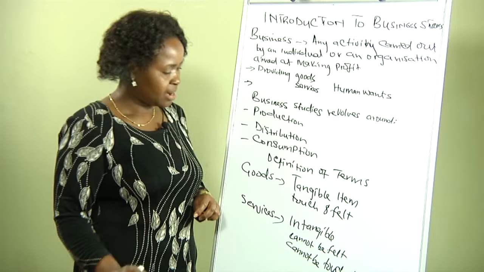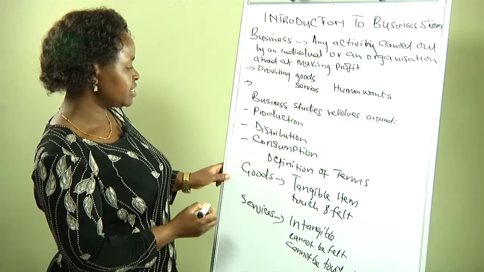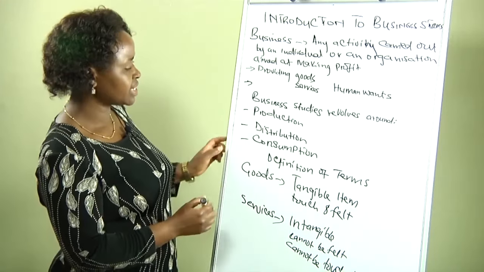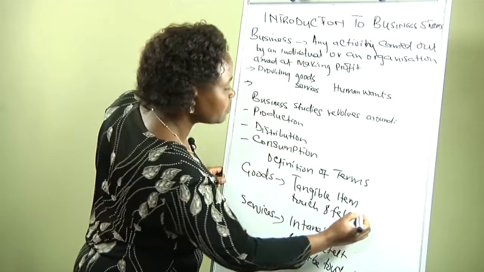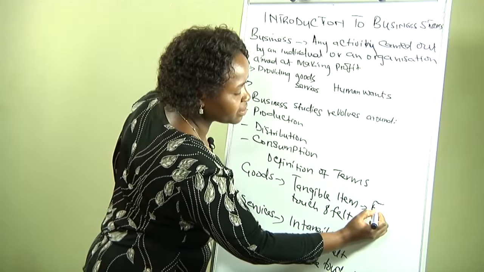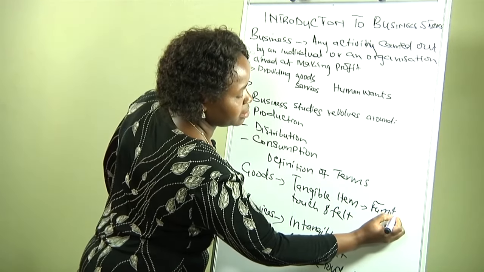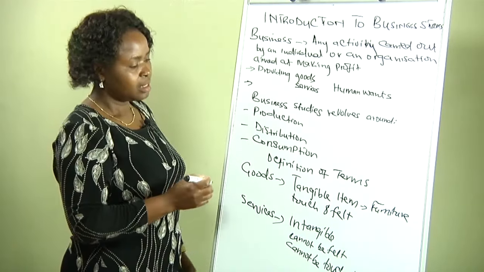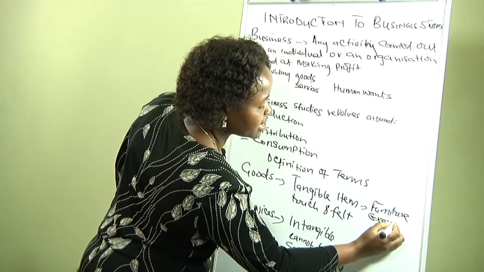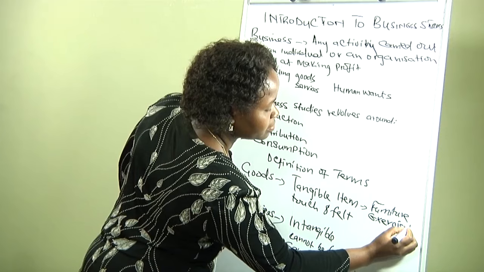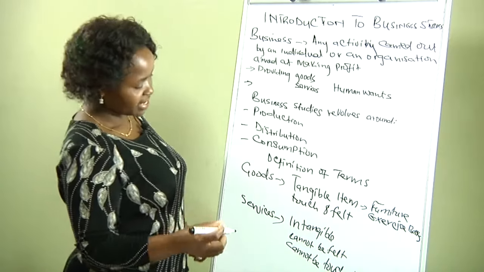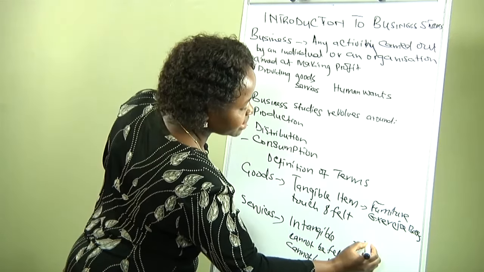The other area that we needed to mention is about the examples of the goods and services that may be provided. We may talk of goods such as pieces of furniture. We also have exercise books that we use in the classroom. We may also give examples of services such as teaching.